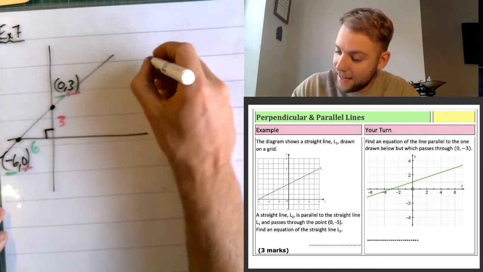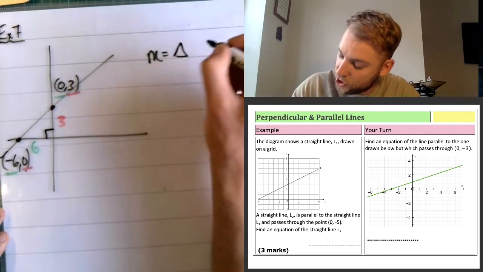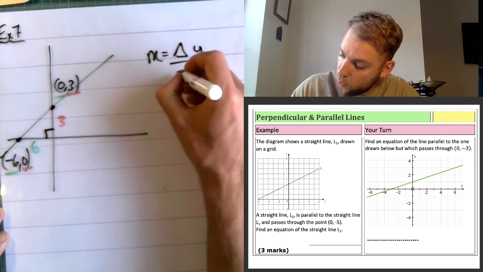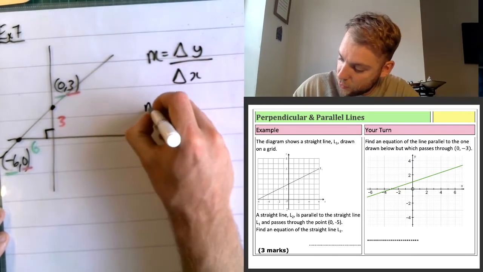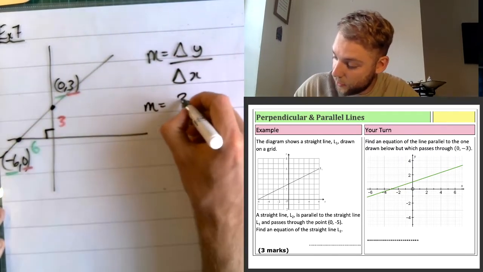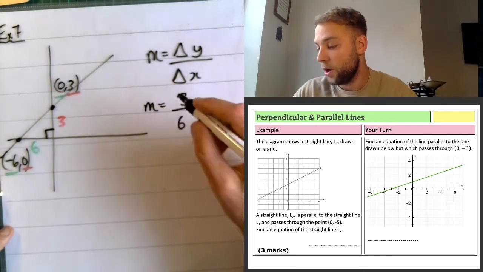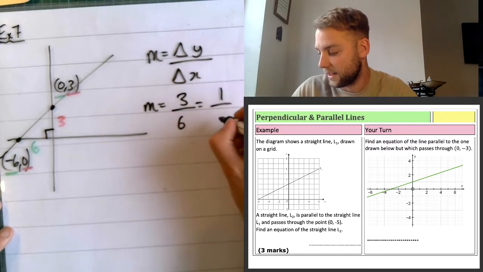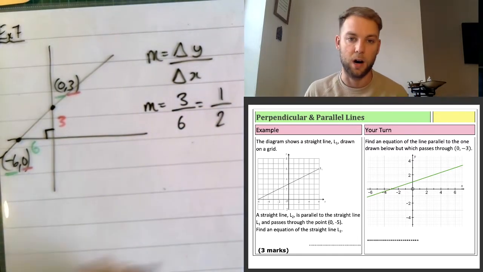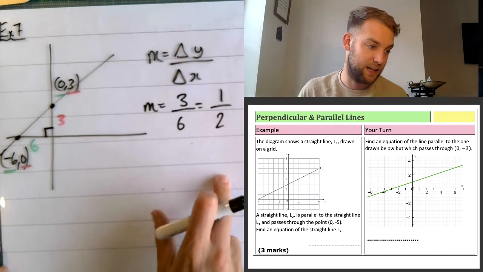Remember that the gradient m is equal to the change in y over the change in x. So in this case, it's going to be 3 over 6, which will cancel down to, well, 3 goes into 3 once, 3 goes into 6 twice, so it cancels down to a half. So this is the gradient here.